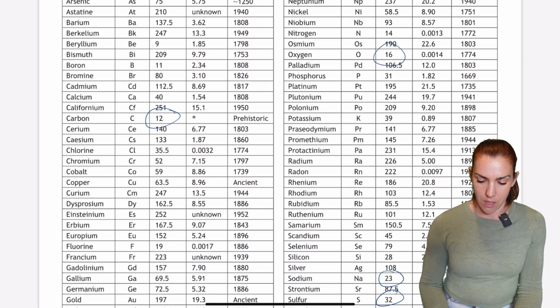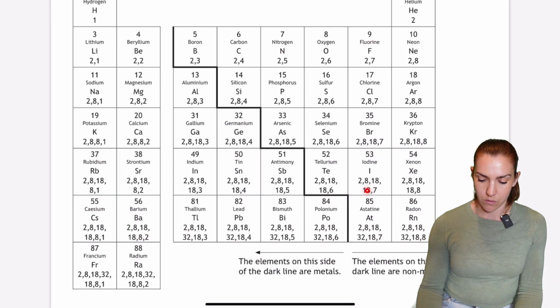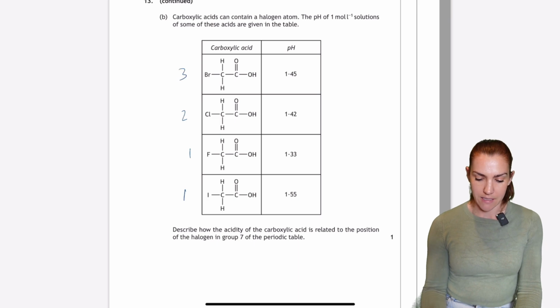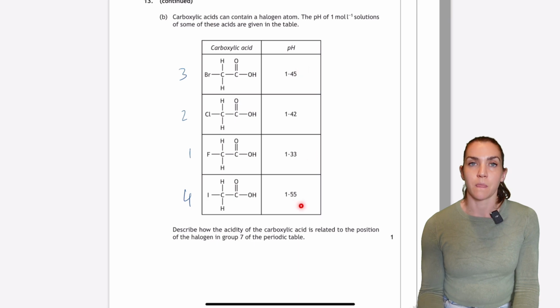So if we look at the halogen group, which is this group here, fluorine's at the top, and then it goes chlorine, bromine, iodine. So let's number these 1, fluorine, chlorine, bromine, iodine. So then if we look at how that affects, as you go down the group of the halogens, the pH is increasing.